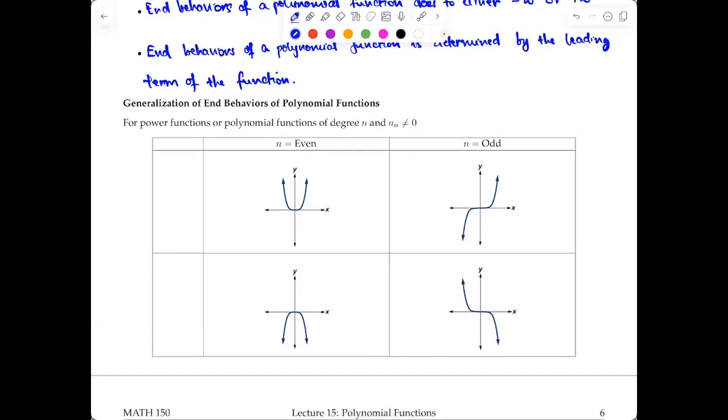So the first row is when you have a positive leading coefficient, and the bottom row is where you have a negative leading coefficient. So in this case, a sub n is greater than 0. This is when a sub n is less than 0.